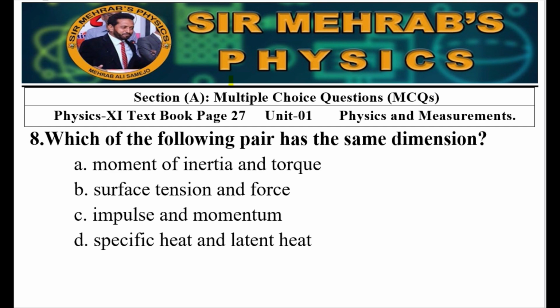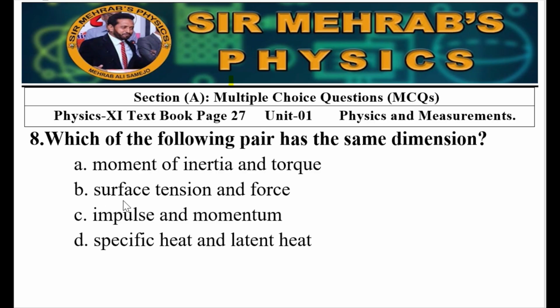Question number 8, which of the following pairs has the same dimensions? Moment of inertia and torque, surface tension and force, impulse and momentum, specific heat and latent heat. So remember one thing, those physical quantities which have the same unit may have the same dimensions.